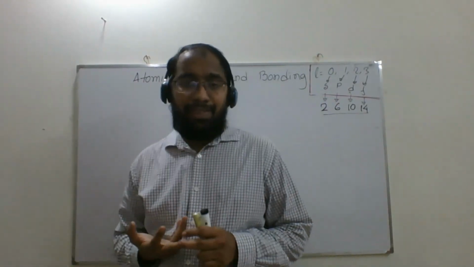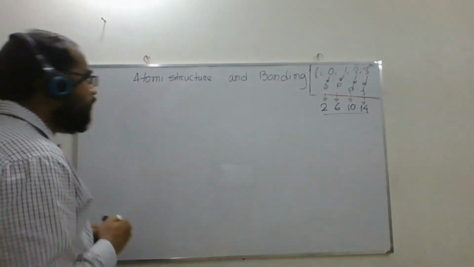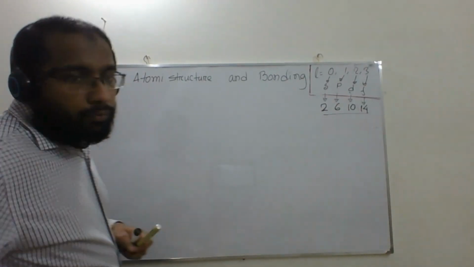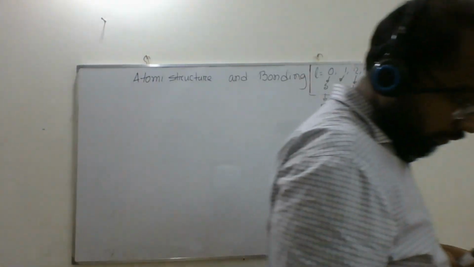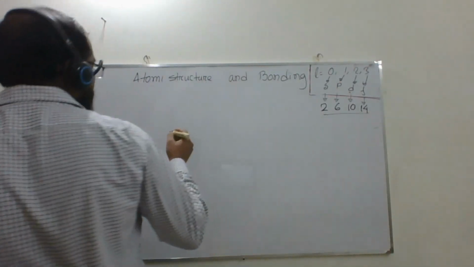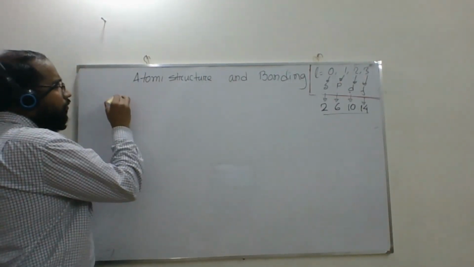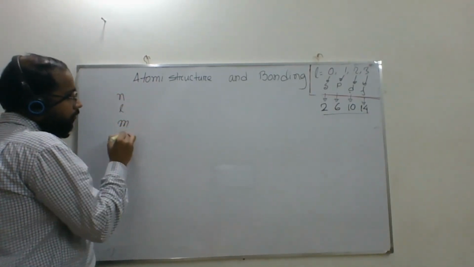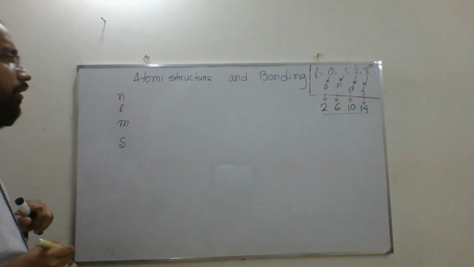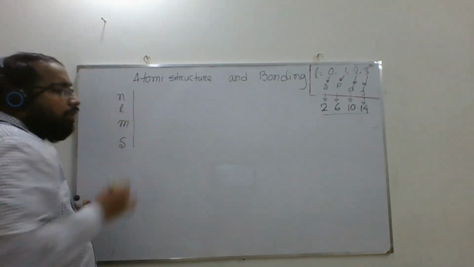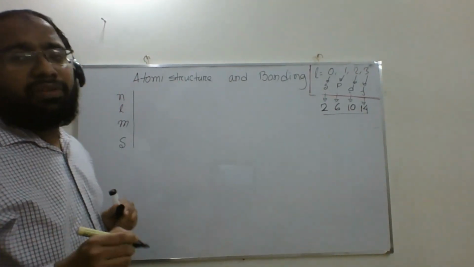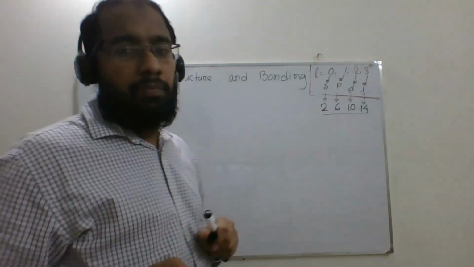The Pauli exclusion principle says that the four quantum numbers of any electron will not be the same. That means the values of all of them should not be the same for any two electrons in an atom.